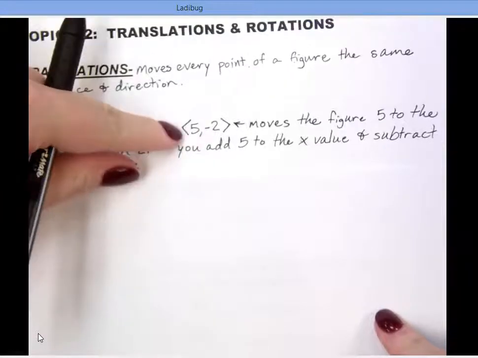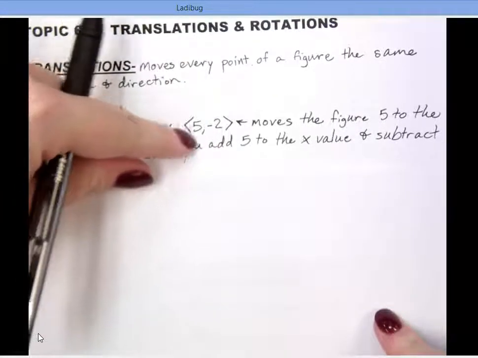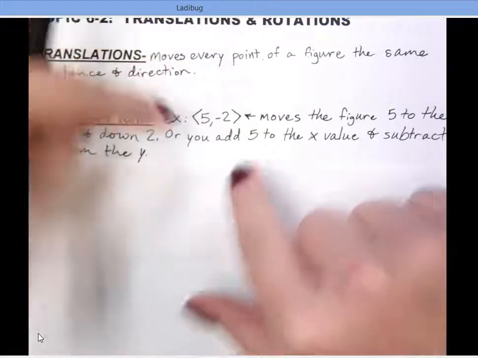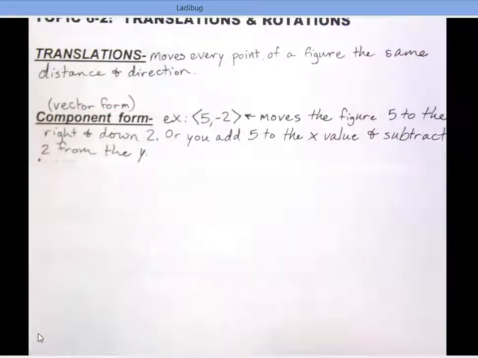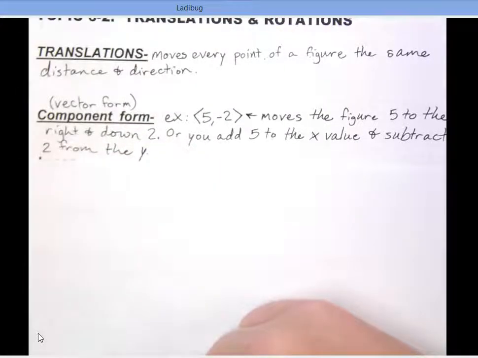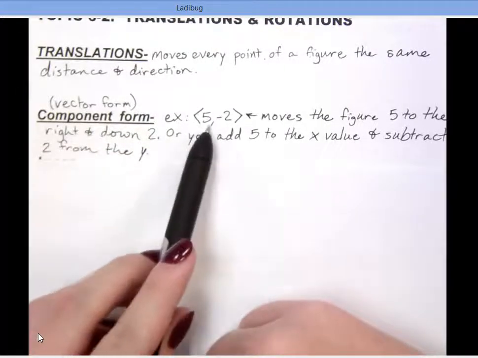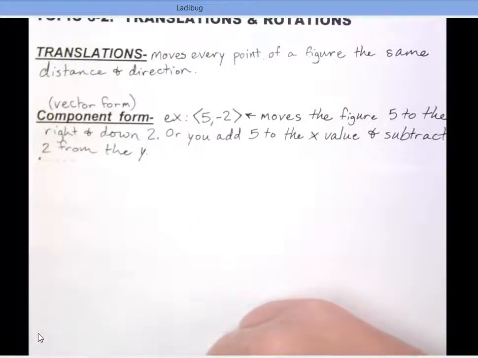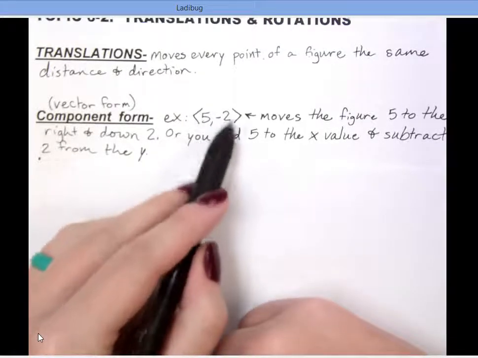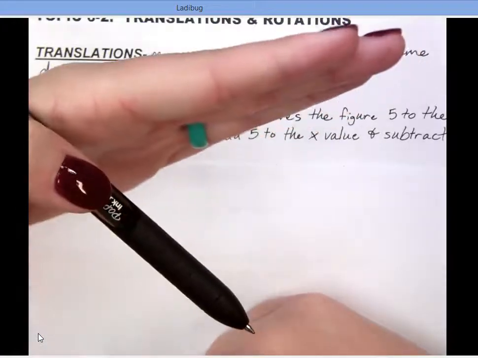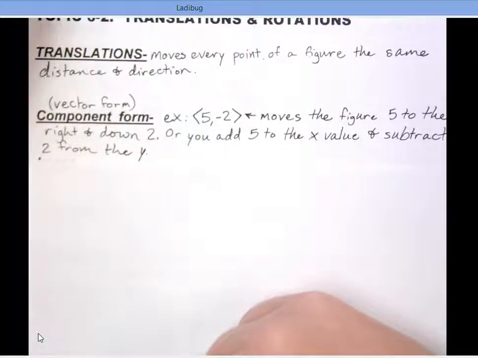It basically looks like an ordered pair, but it has the less than, greater than sign looking things instead of parentheses. So really all that happens is you take the x value and you add 5 to it, or you move the figure to the right 5, and then for the y value you move it down 2, or you subtract 2 from the y value.